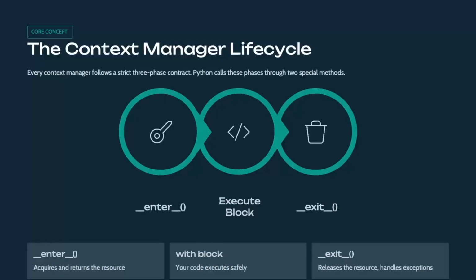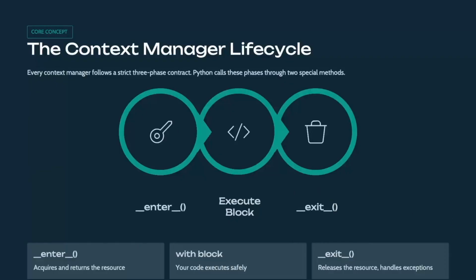It is essential to understand the context manager lifecycle. Every context manager follows the same lifecycle. Python enters the context. The code inside the with block is executed. Then Python exits the context and performs cleanup. Internally, this process is controlled by two special methods, enter and exit. Both are dunder methods.